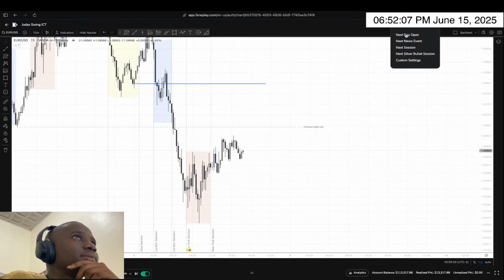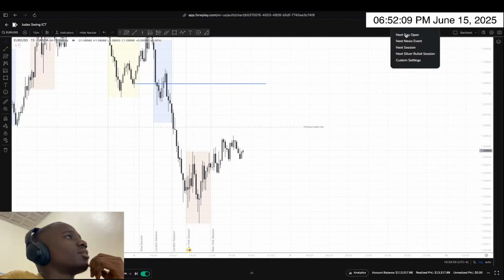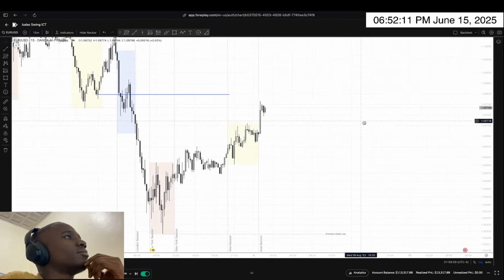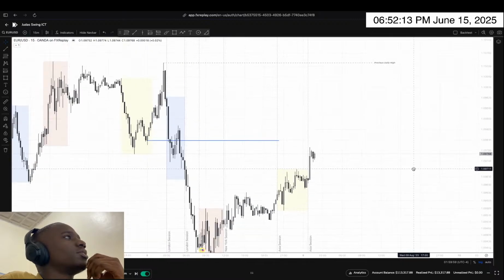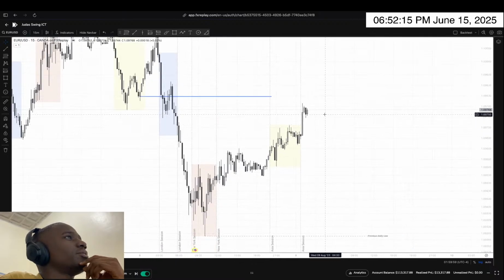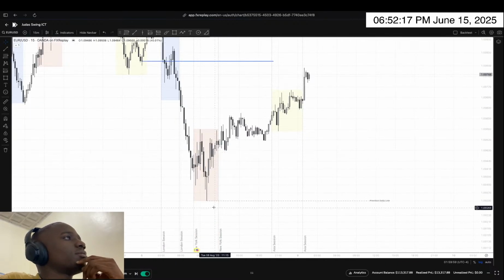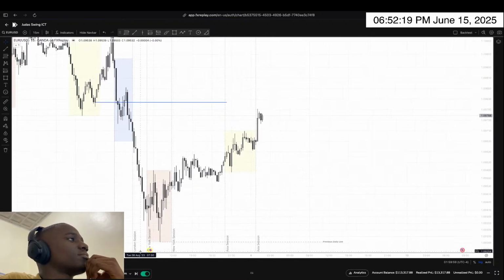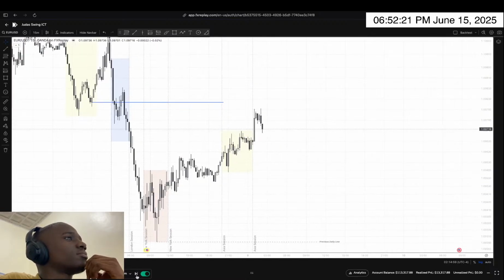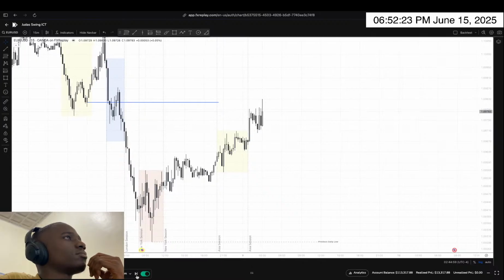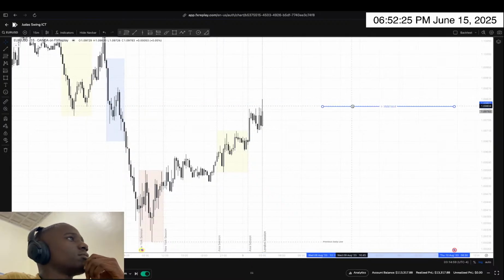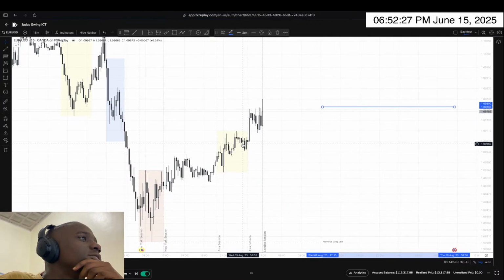Really, really crazy. Go to the next day open. You can see now the draws on liquidity there and there. The midnight open is right here.